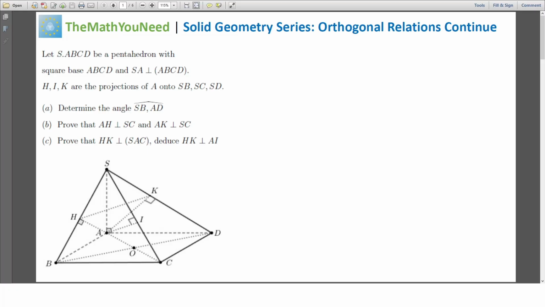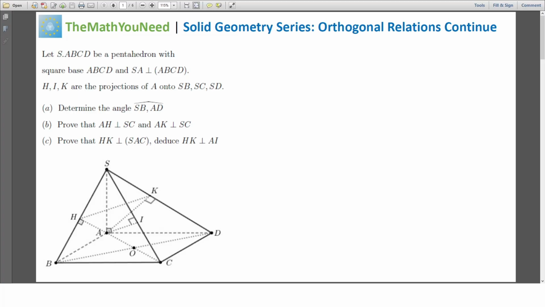Okay, part A, the angle between SB and AD. Because ABCD is a square, BC is parallel to AD, right? So the angle between SB and AD is the same as the angle between SB and BC. But we know that BC is perpendicular to SA and BC is perpendicular to AB.